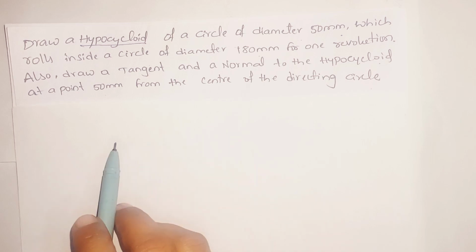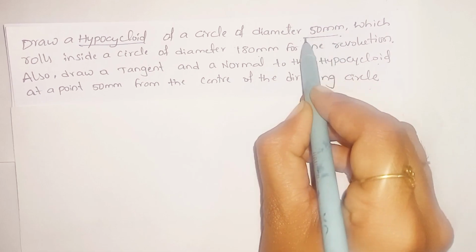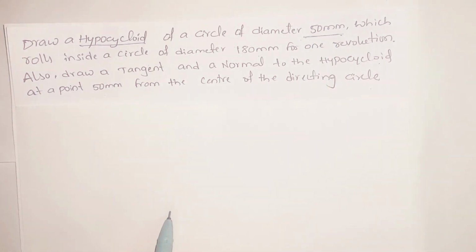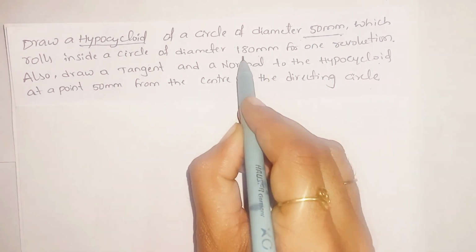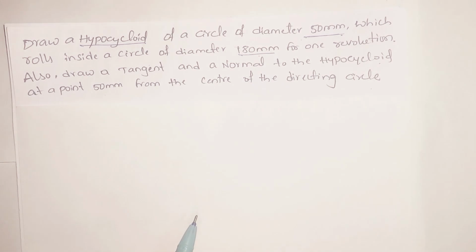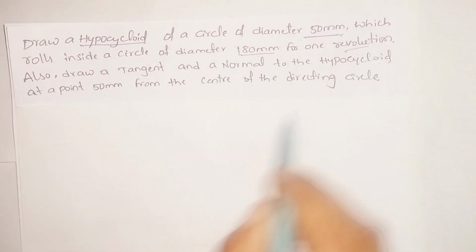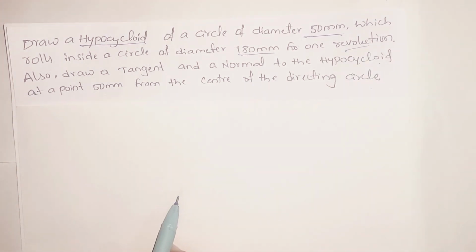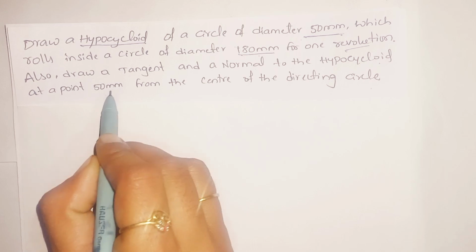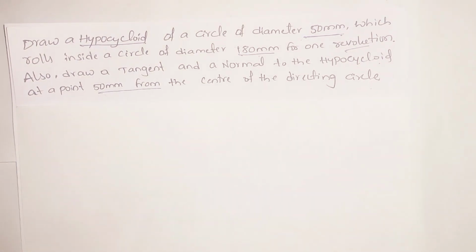The rolling circle diameter is given, small d is equal to 50 mm, and the directing circle diameter is given as 180 mm, for one revolution. Also draw a tangent and normal to the hypocycloid at a point 50 mm from the center of the directing circle. So this is the question.